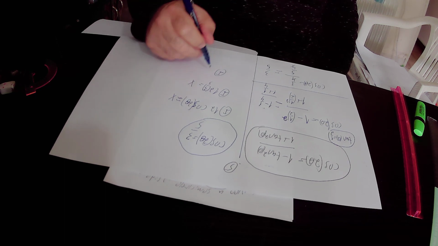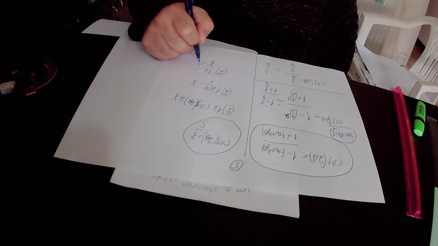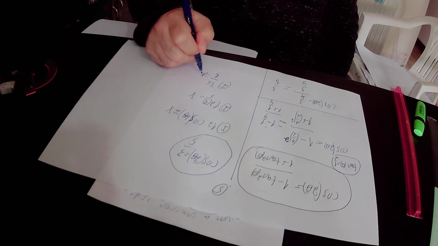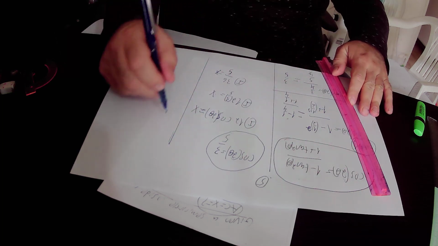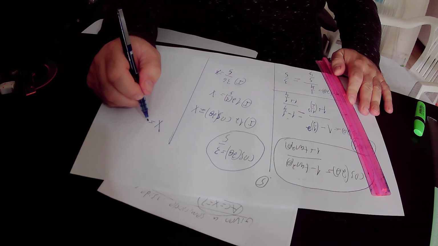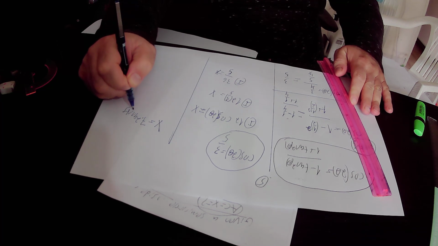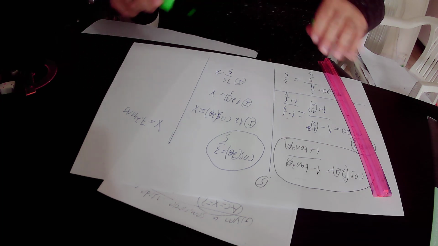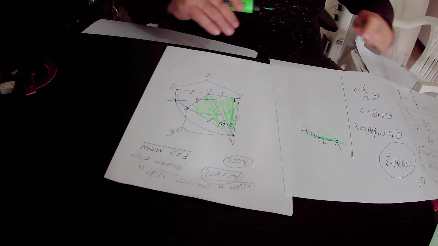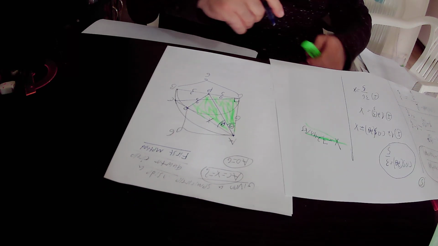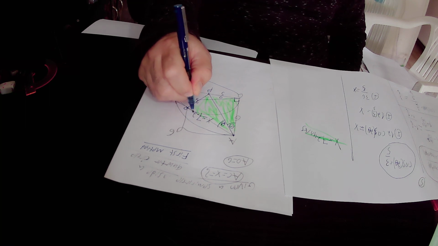So here 12 times 3 is 36 over 5 equals to x. That is to say, we found out that x, the line segment that we are looking for, equals to 7.2 units. I repeat again, x, the variable that we are looking for, equals to 7.2 units.